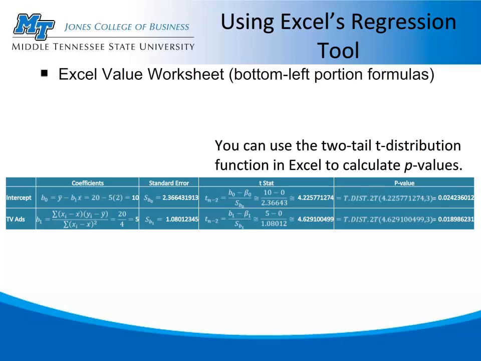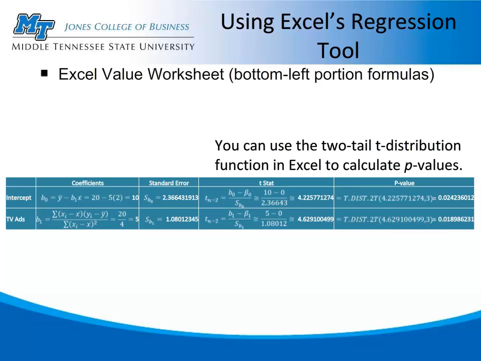The bottom left-hand portion of the regression output is where it shows the value for the slope and the intercept, the regression coefficients. This slide shows you the formulas. You figure out what the slope is by taking the covariation, which is the sum of the products of the deviations of x from its mean and y from its mean, and divide that by the variation in x, the sum of the squared deviations from the mean.